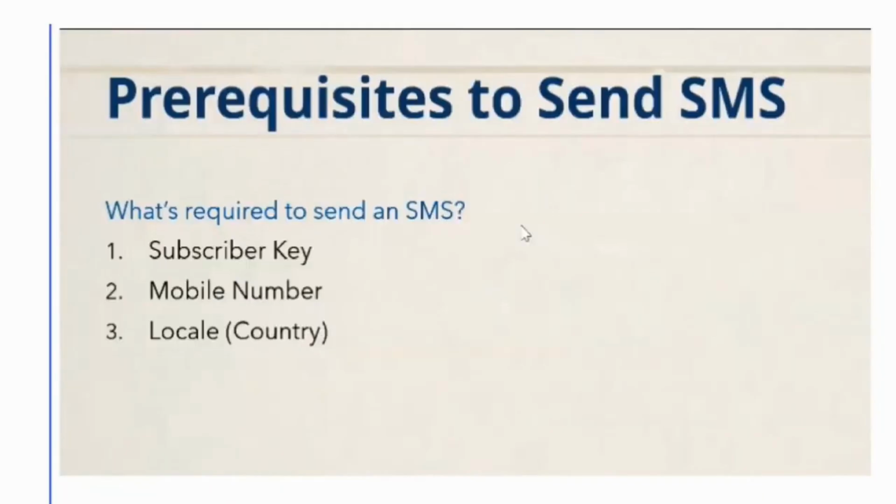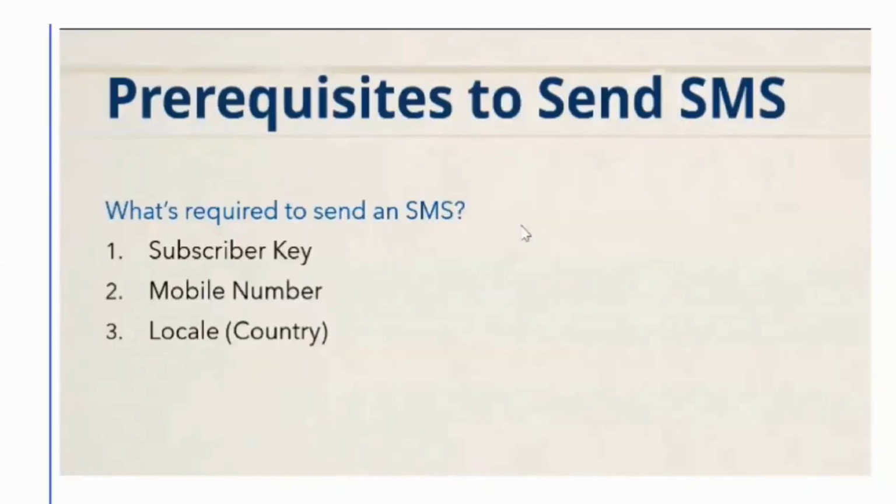And the third and major prerequisite is country. This prerequisite is not available with Email Studio. You can send emails regardless of storing customers' countries. It is not necessary to store customer countries while you send the email.